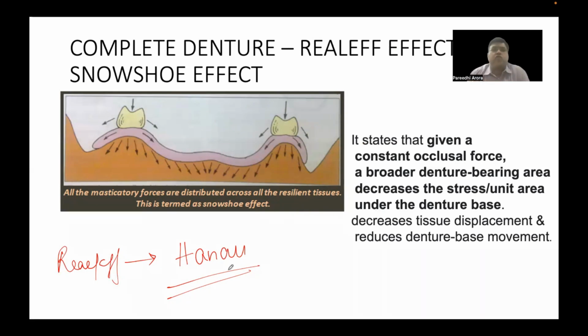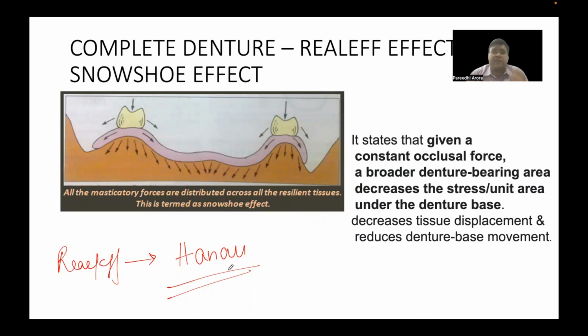Then comes your snowshoe effect. If any of you have been to an area where there is snow, you always wear wider shoes, right? You have shoes which have wide bases. Why is that? Because the entire force of your body is getting transmitted over a larger area, so force per unit area is less.